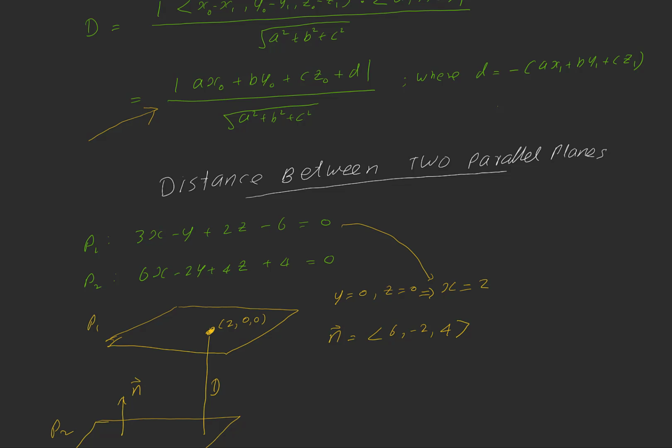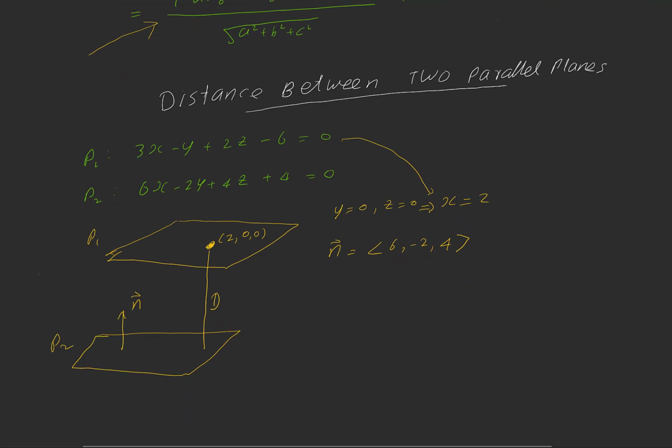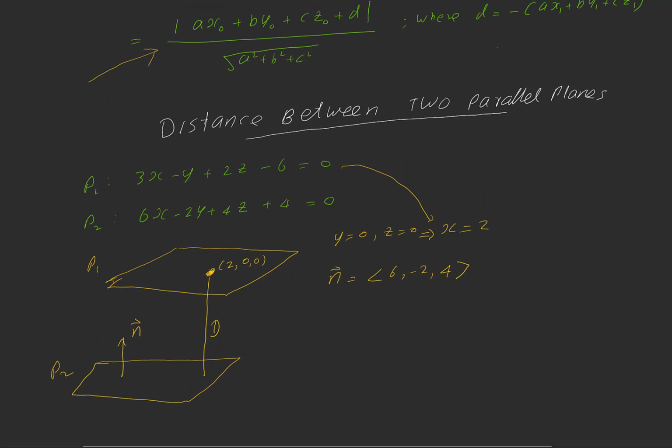Now the same, we can apply this to the distance between two parallel planes, because we have a point on one plane and we know the normal vector of the other plane, so we can apply this to find the distance between two parallel planes, right?